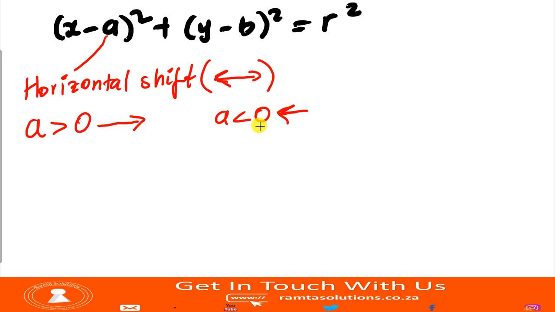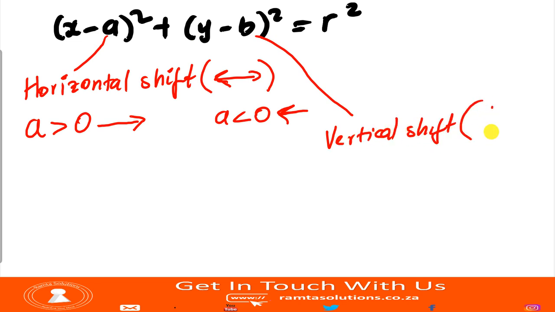When a is negative, your function shifts to the left. Please note, when a is positive, your function shifts to the right, and when a is negative, it shifts to the left. Guys, this is basically the same thing that you were saying about translation in your functions. So this b here represents vertical shift. Vertical shift, of course, is movement up or down.